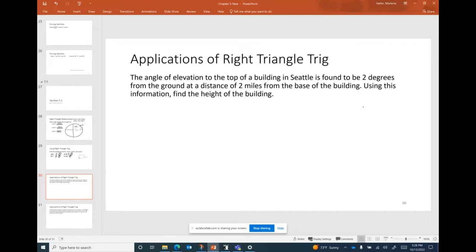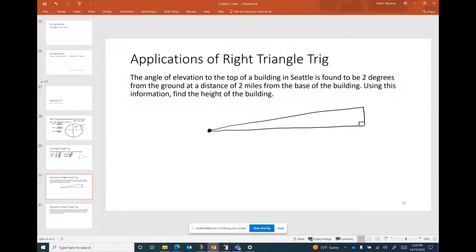All right, so let's draw a little diagram. Say this is my building, 2 miles, that's pretty far away, so make this a really long triangle. There. Okay, I've made a right triangle here. We'll pretend that building is perpendicular to the ground, and here's the point where we are away from that.